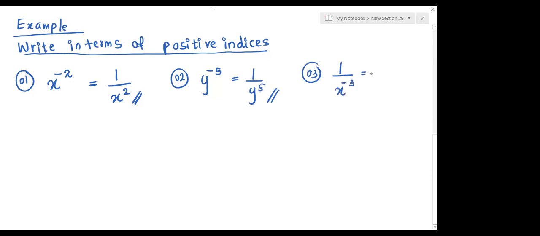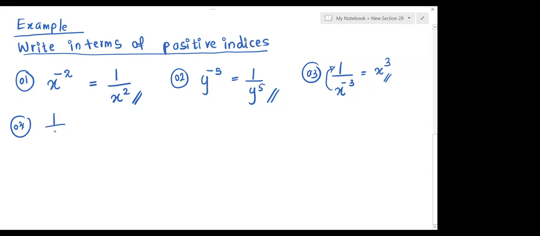Then what is the answer? We take the x to the power of minus 3 to the numerator and its negative index is removed.